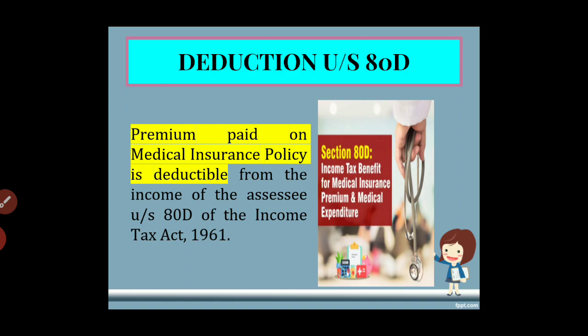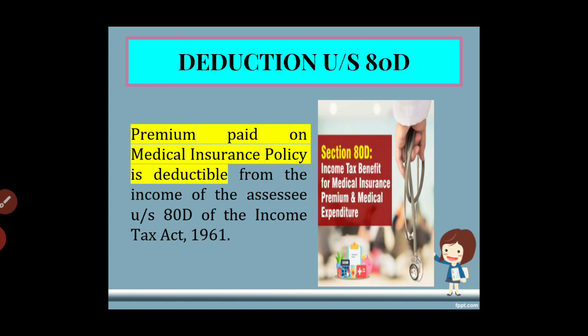Generally, whenever any assessee has taken a medical insurance policy, and if the assessee is paying the premium on that, that means mediclaim, then you will get the deduction under section 80D. Now students, remember this, if you are paying a premium on a life insurance policy, then it's a deduction under section 80C.